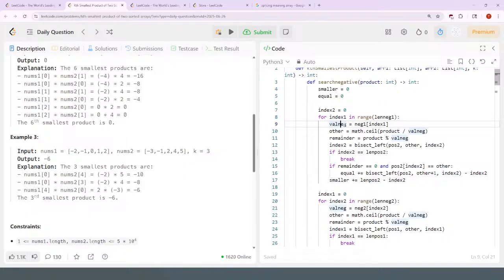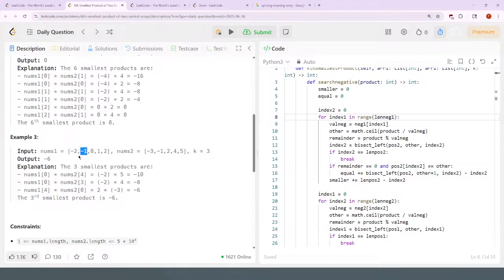And then secondly, because the loop is iterating over all the negatives, starting with the most negative to the most positive, the next iteration of the loop would not be able to find any matches as well.